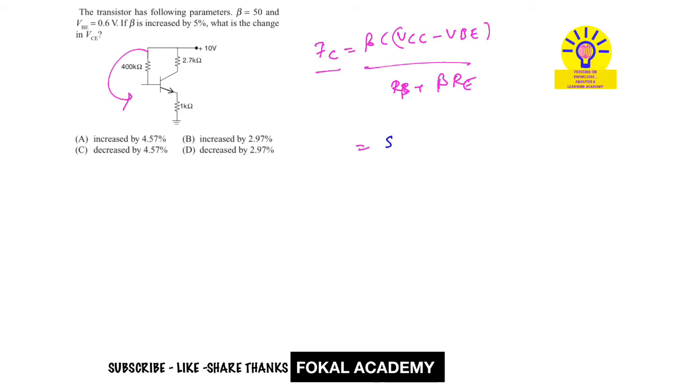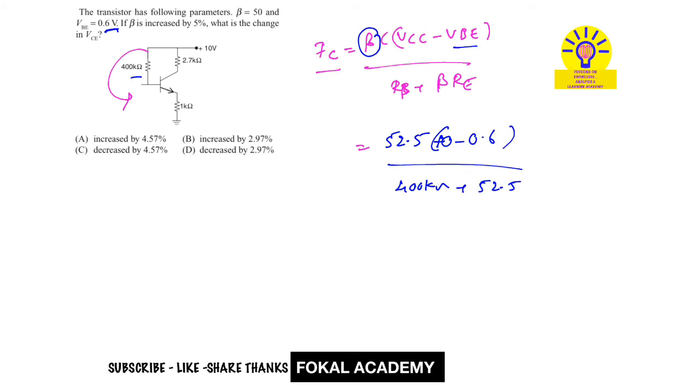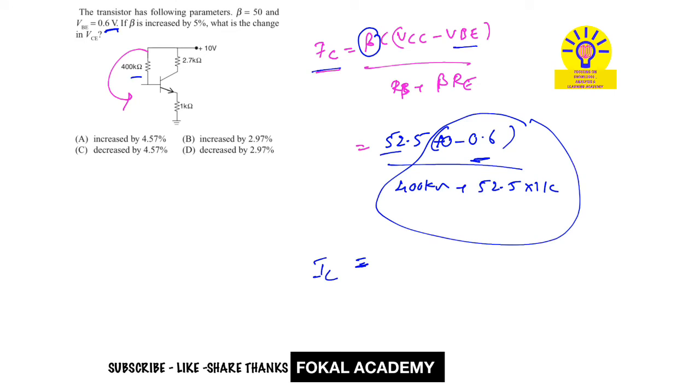The new beta is 52.5, so IC equals 52.5 into (10 minus 0.6), that is VBE, divided by RB, which is 400 kilo ohms, plus 52.5 into 1 kilo ohm. That gives the total IB value. Beta into IB equals IC, so by using the calculator we will get 1.09 milliamperes.